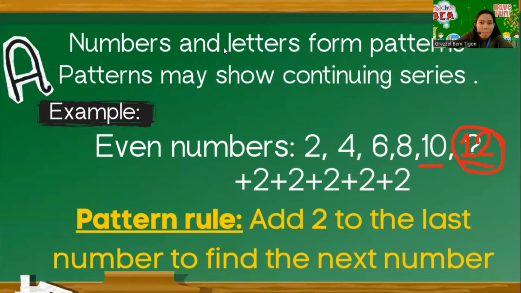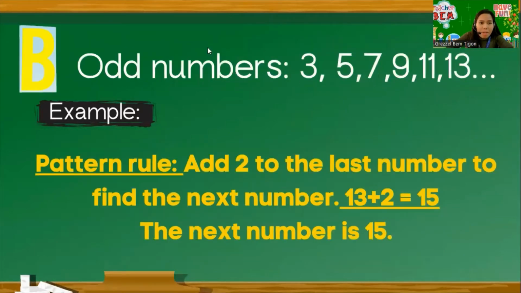If it's numbers, we also have odd numbers. That was even numbers. This one is odd numbers: 3, 5, 7, 9, 11, 13. What do you think is the next after 13 if our pattern rule here is add 2? 13, 14, 15. So the answer here is 15.